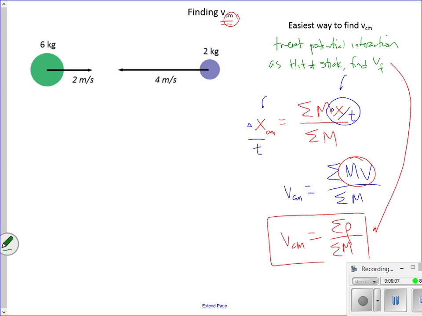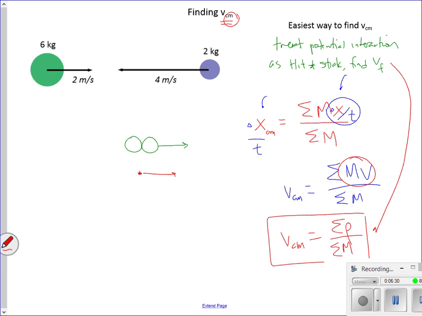If we do a hit and stick, these two objects would stick together and then move that way. Especially when we say they stick together, we're really just treating them as one point mass that moves that way. And that's our whole point.